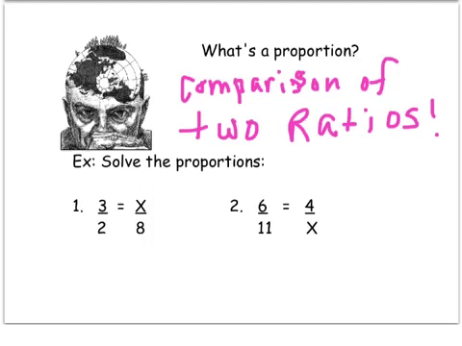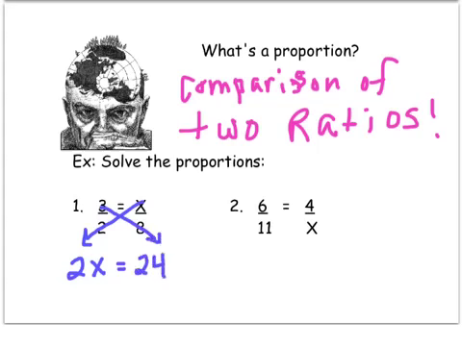To solve these we're going to cross multiply. Are y'all watching? We're going to go across the equal sign. We multiply this x by the 2, and we get 2x equals, now we multiply across this way, 24.